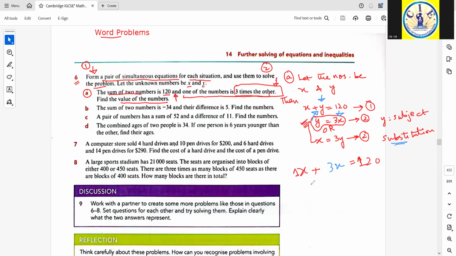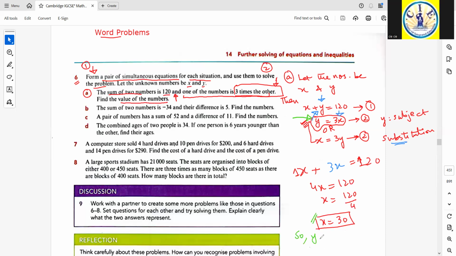Adding 1x and 3x, we get 4x is equal to 120, and x equals 120 divided by 4, that is 30. That means one of the two numbers is 30. To find the other number, I'm going to replace this value of x in the second equation.